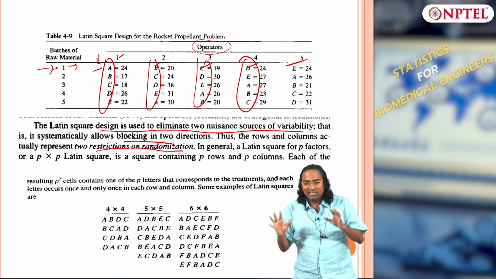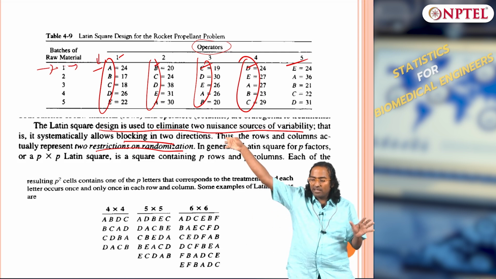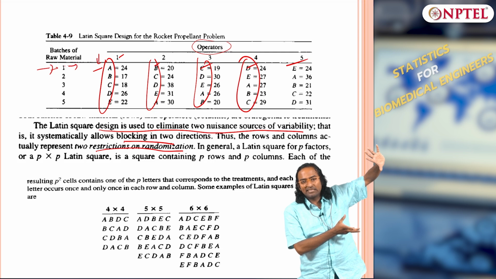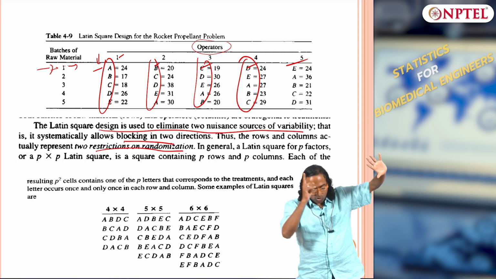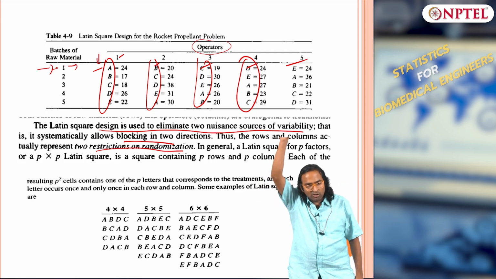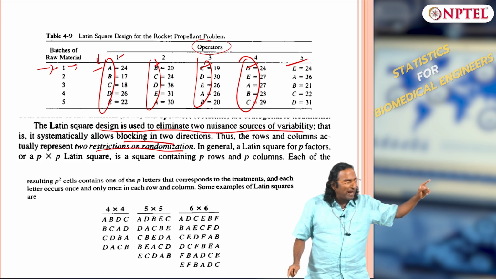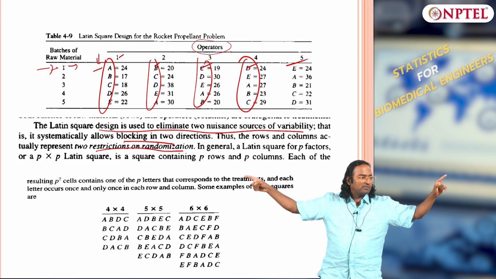Here A, B, C, D are my treatment levels, operators are one nuisance factor, and batches are another nuisance factor. So each operator gets to work with all treatment levels, and each batch has all treatment levels, the same numbers.